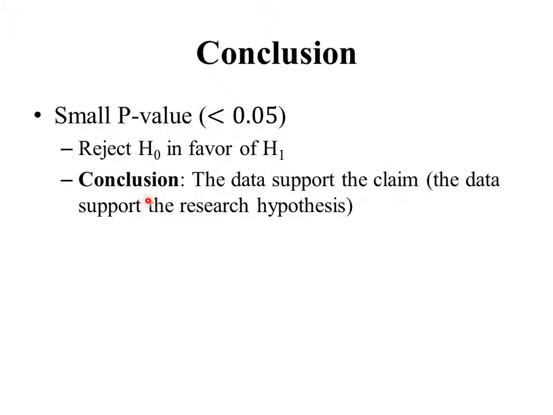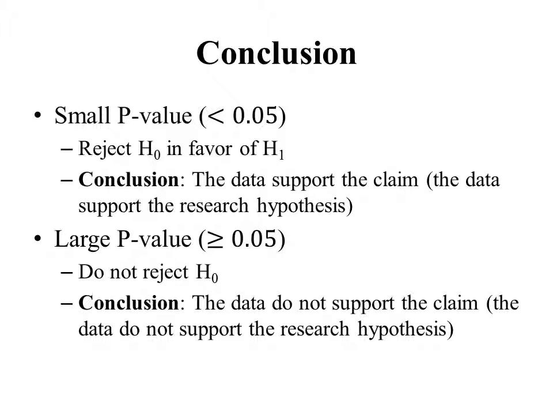So our conclusion, in less technical terms, is that the data support the claim, or stated another way, that the data support the research hypothesis. If we have a large p-value, meaning bigger than 0.05, we do not reject the null hypothesis and conclude that the data do not support the claim, or stated another way, that the data do not support the research hypothesis.